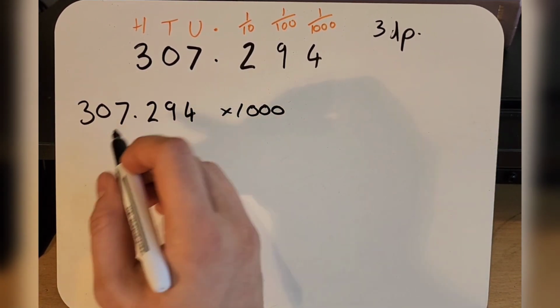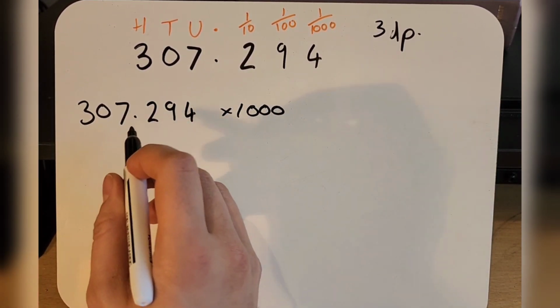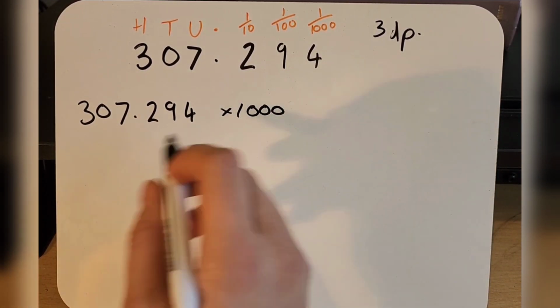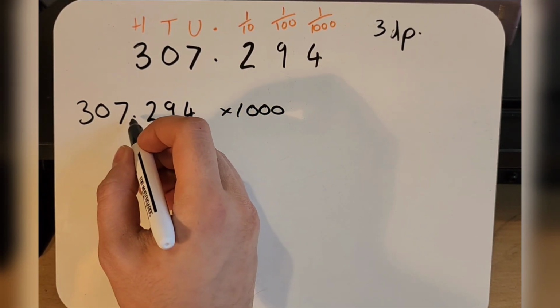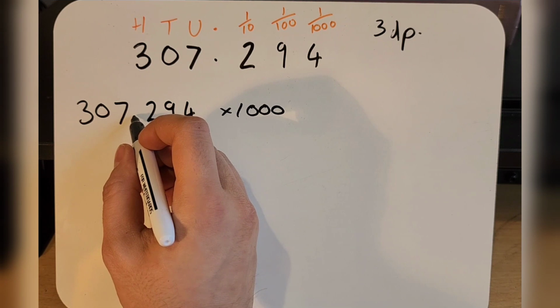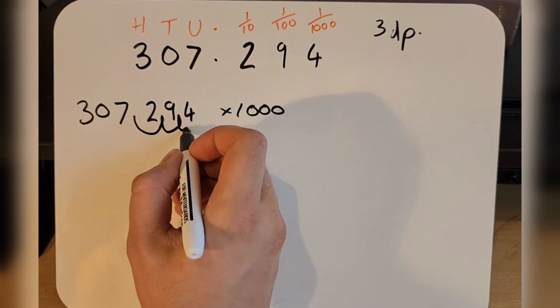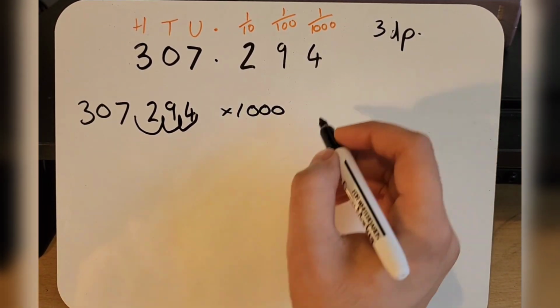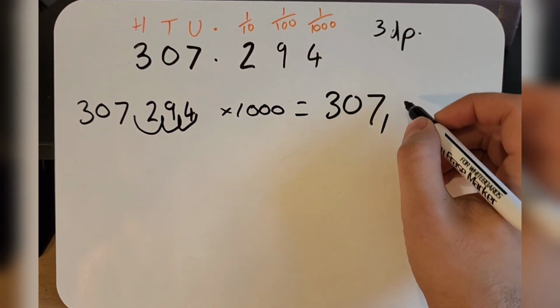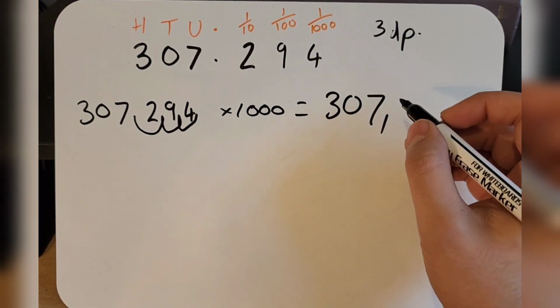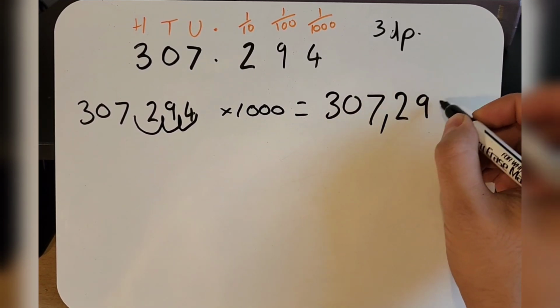So once we do 307.294 times 1,000, we're going to make our number bigger, so we move the decimal to the right by 3 places. 1, 2, 3. Which leaves us with an answer of 307,294.